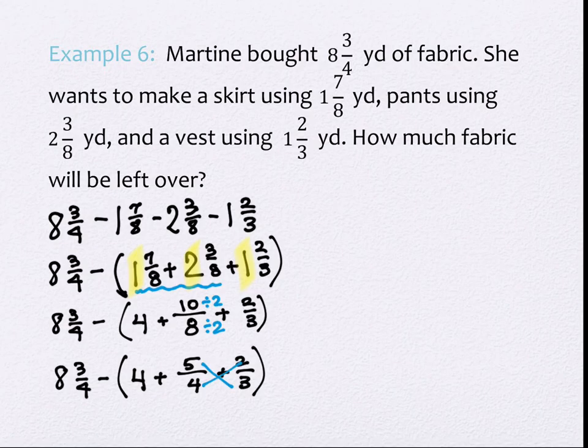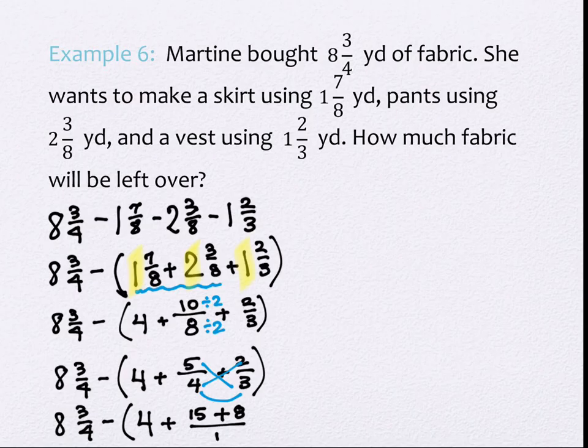We can add them together by doing our multiplication across the diagonal. So again, here's my 4, and then I have 5 times 3, which is 15, plus 4 times 2, which is 8, over 12. Okay, is that all right?